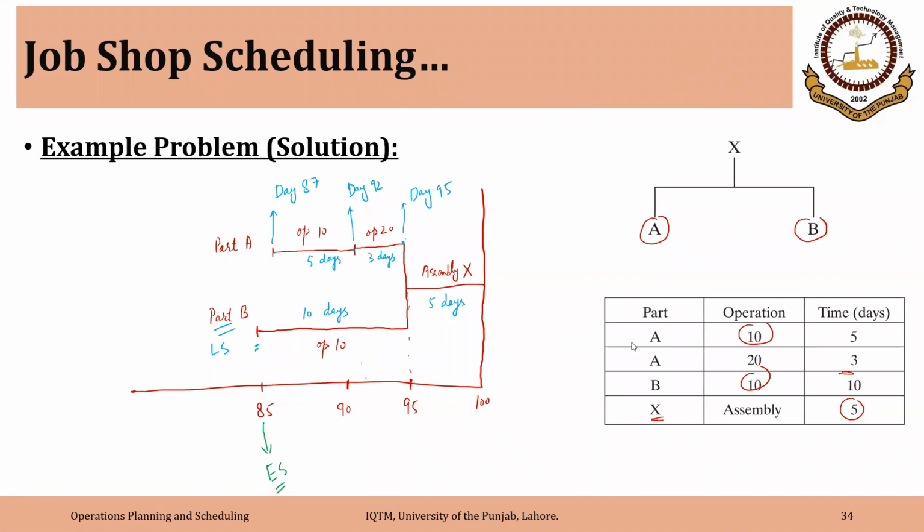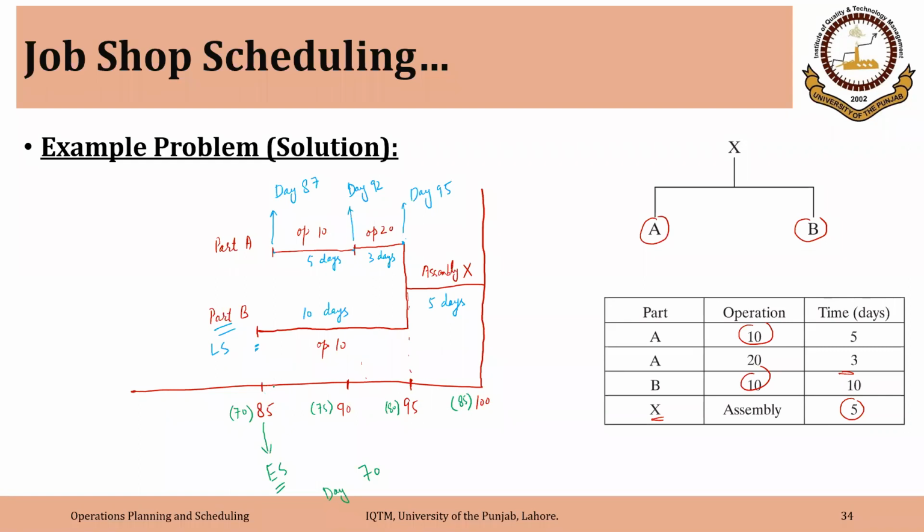For example, just for the sake of illustration, we assume that the earliest start is, say, day 70. Then simply this will become day 70, and this will become 75, and of course this will become 80, and this will become 85. So you could change the values for part A and B as well.